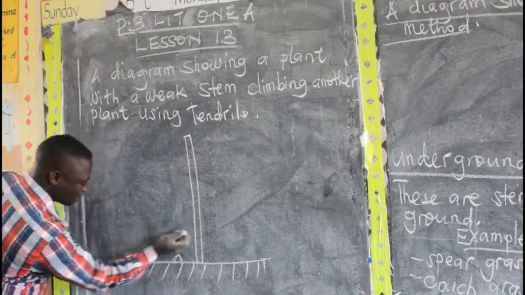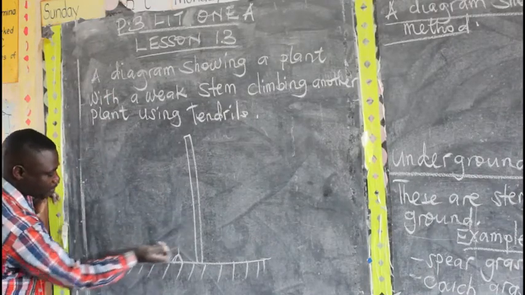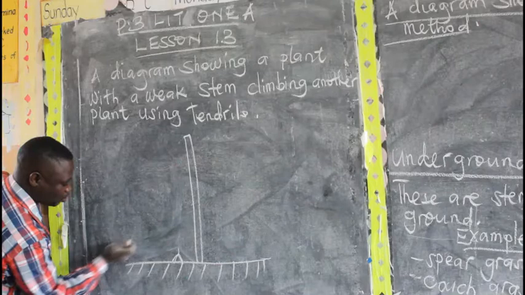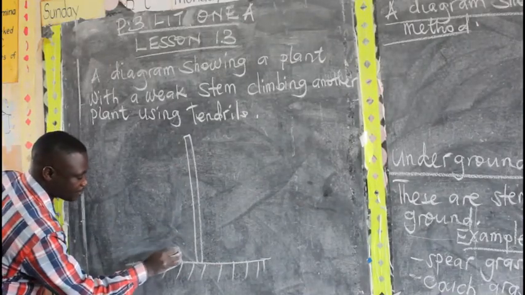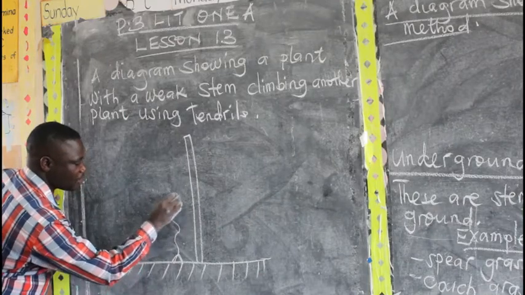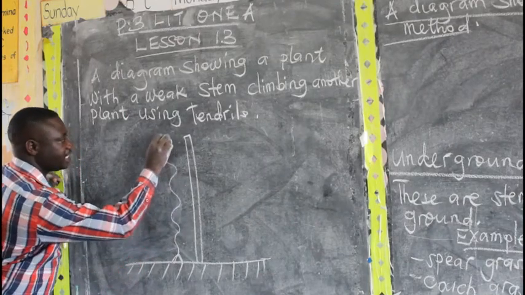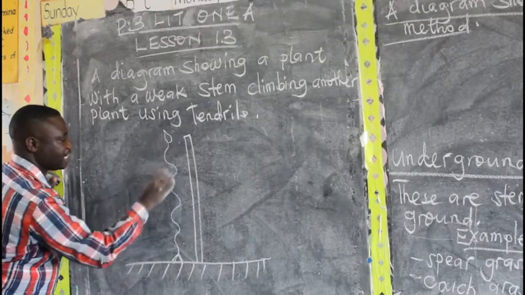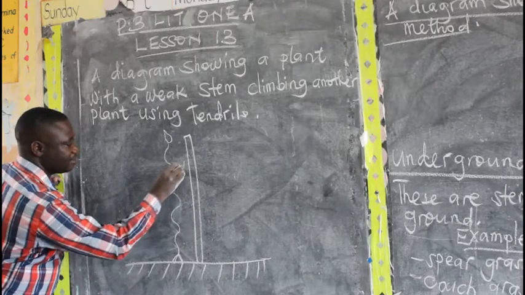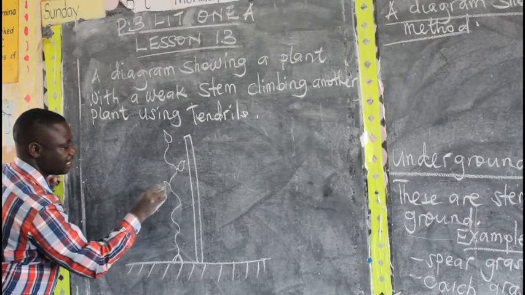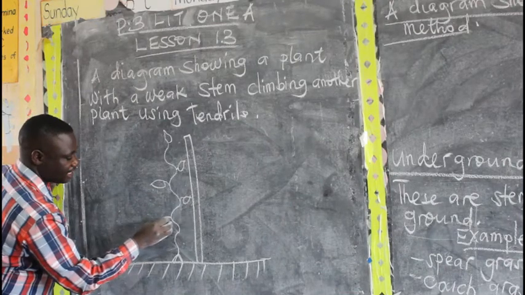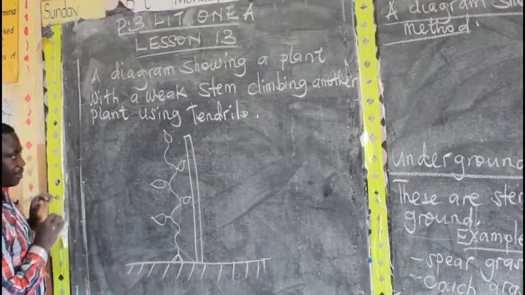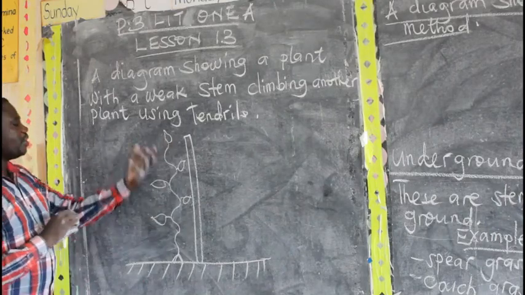Now, since you want this stem to grow upright, you will find it growing, growing, and then, for example, there is a leaf here, another leaf, another leaf. Now, by use of tendrils, we don't see tendrils here.